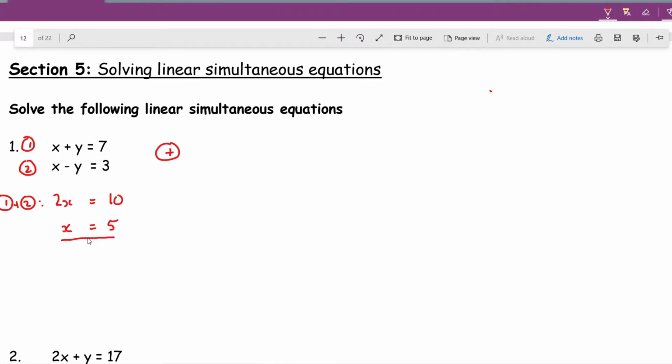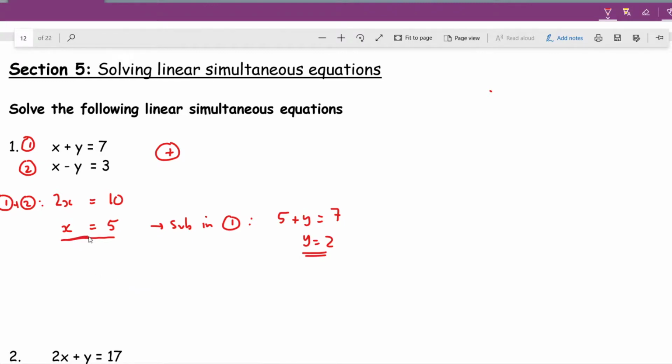Once we know x equals 5, we can sub this into any one of those equations. I'm going to use equation 1 here. I'm going to replace x with 5, so that's going to be 5 plus y equals 7, in which case y would equal 2.